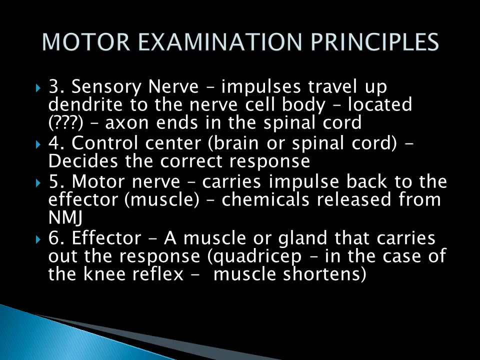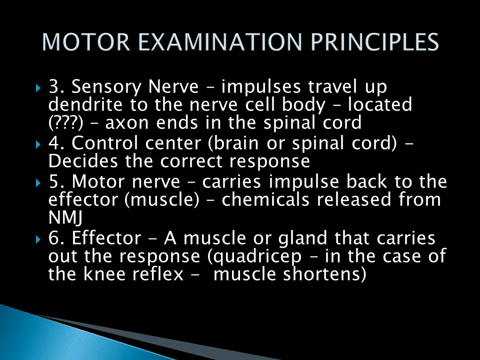So the impulses travel up the peripheral process towards the nerve cell body in the dorsal root ganglion, and then from the dorsal root ganglion, that impulse continues up the central process, and the axon of the central process terminates in the spinal cord. It enters the spinal cord through the dorsal root.